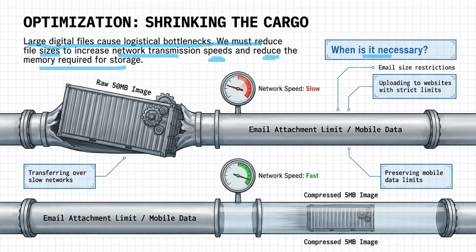When there are email size restrictions, when uploading to websites with strict limits, when preserving mobile data limits, and when transferring over slow networks. And here's an example: network speed is fast here because this image is compressed to 5 megabytes, and network speed is slow here because this is a large image of 50 megabytes.